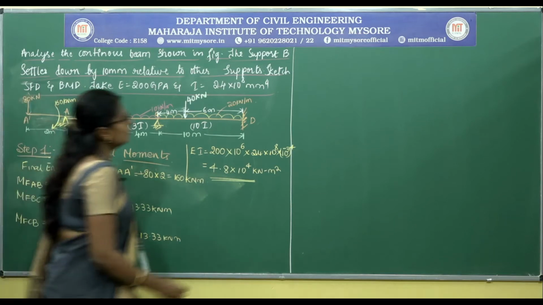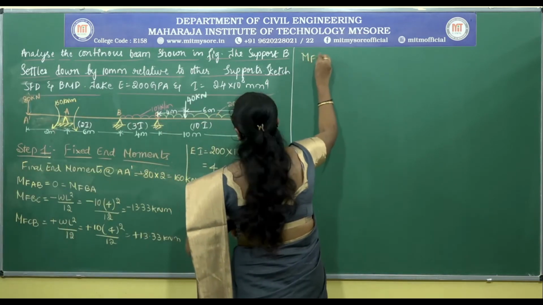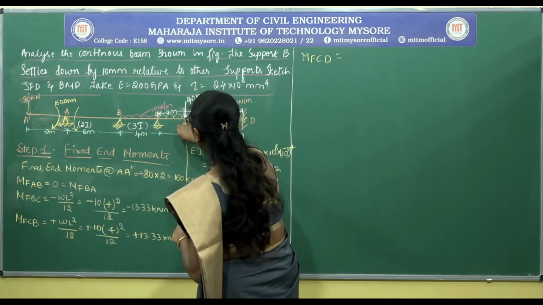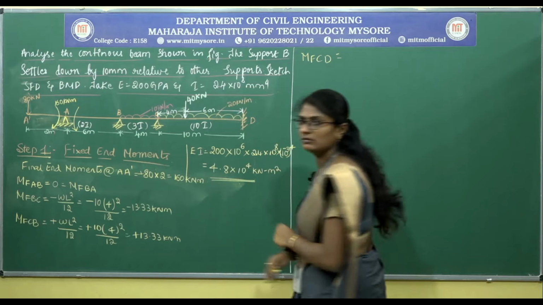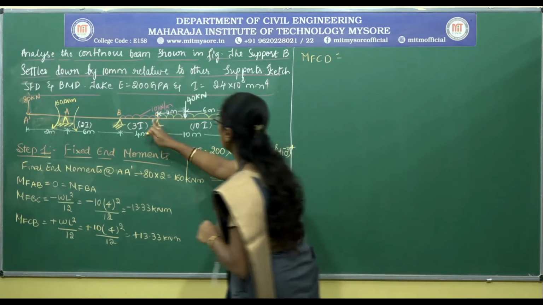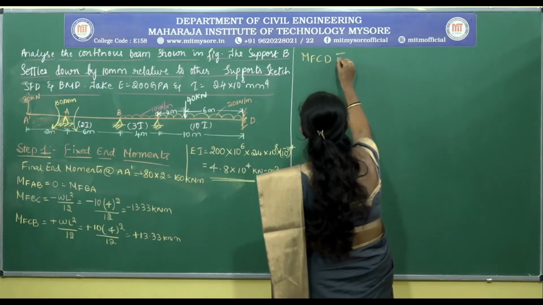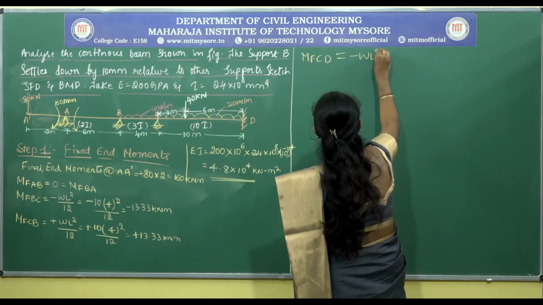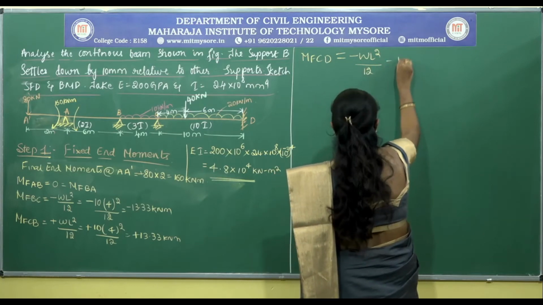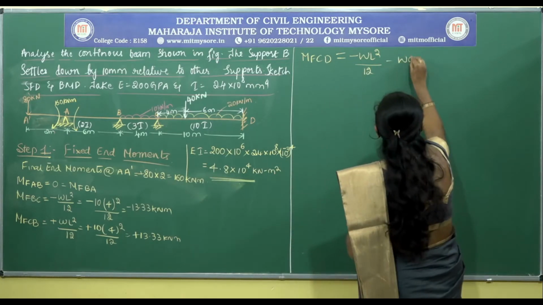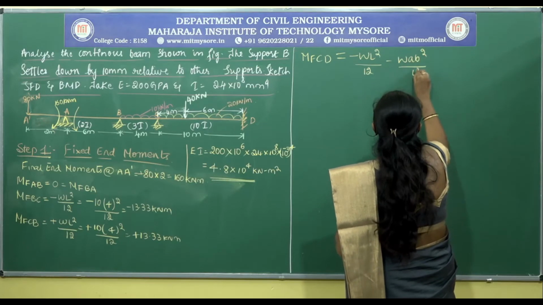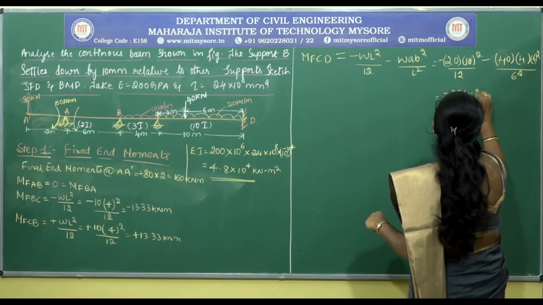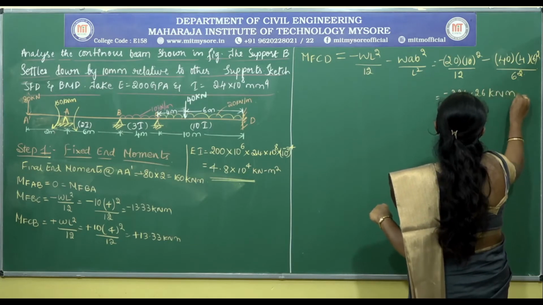Now for MFCD, we have a point load as well as UDL. For span CD, initially we consider the UDL, minus WL square by 12, minus W A B square by L square, which is equal to minus 224.26 kilonewton meter.